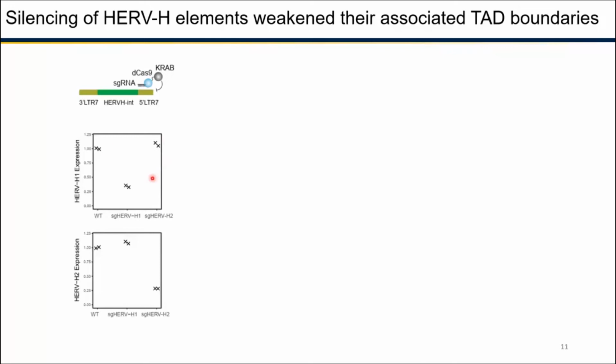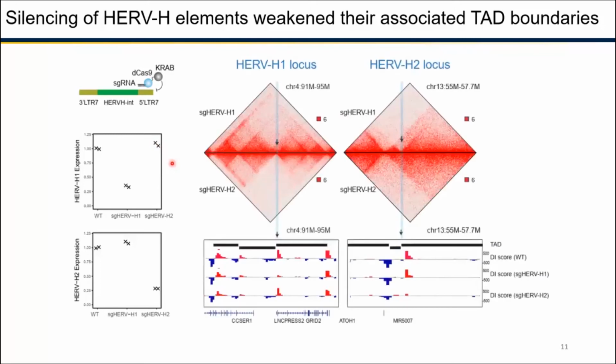Each guide RNA specifically reduced the targeted HERV-H expression by about 70%, while not affecting the non-targeted HERV-H, and accompanying the reduction of the transcription, the corresponding TAD boundaries are also weakened if not removed, as you can see in the change in the contact matrix and also in the directionality index scores.